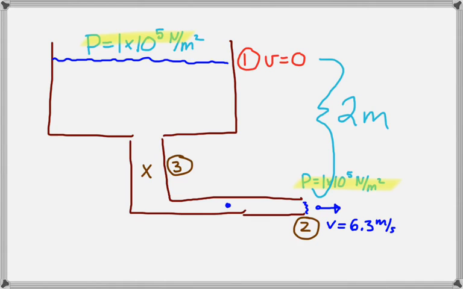Conceptually think about it. At this point, I'm going to make the claim that the area of the pipe down here doesn't change. Keep it simple. At this point back here, what is the velocity? 6.3. How do we know it's 6.3?